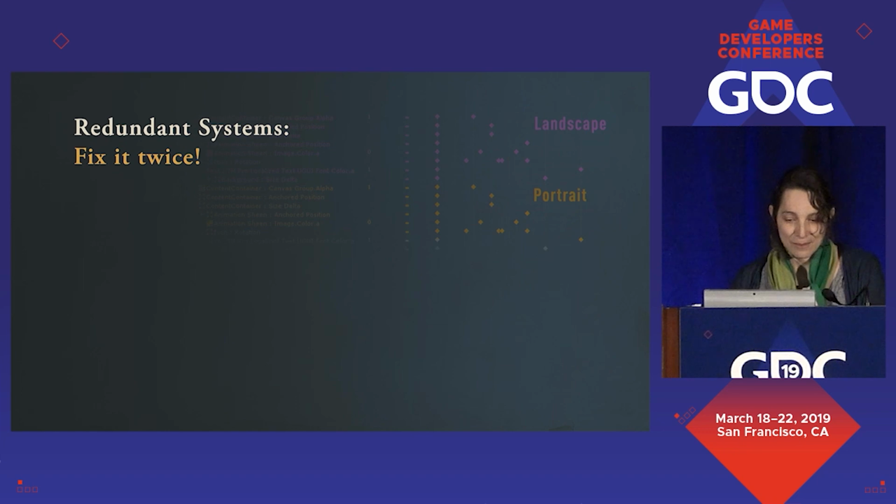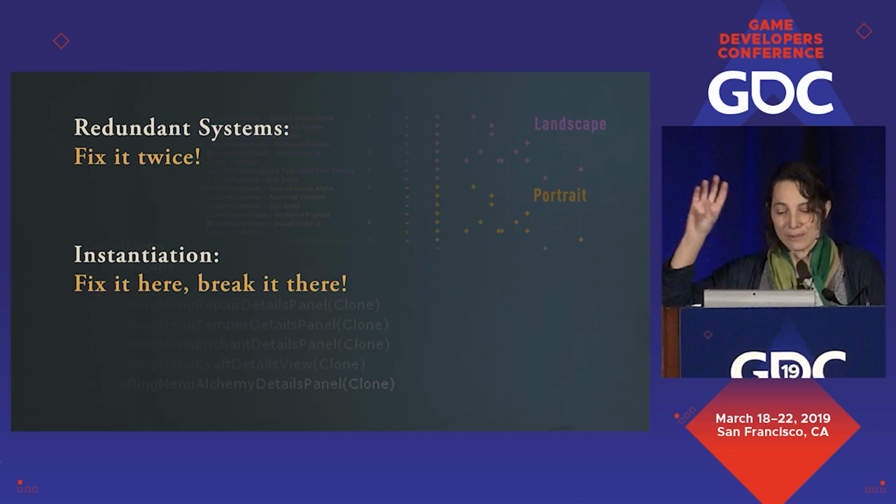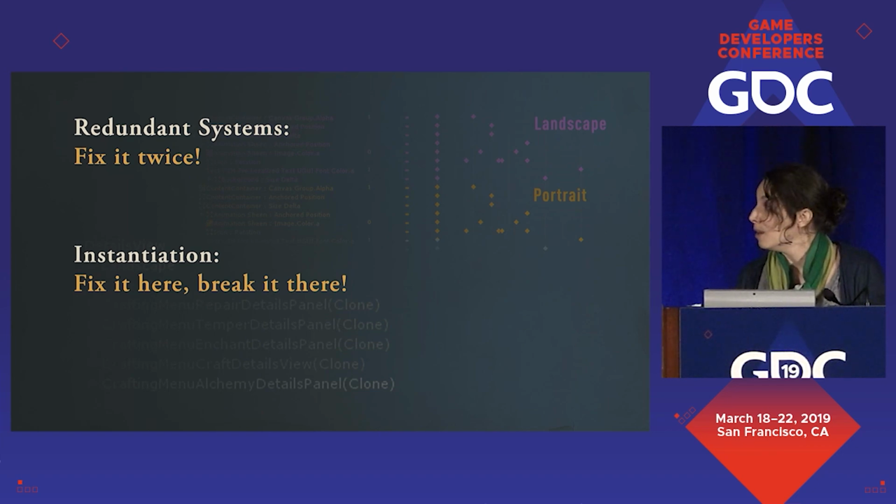That meant we needed to fix issues twice. And most of the times, they were instantiated, so the same widget would be used in both orientations, but that was delicate because it means fixing a bug in one mode might break it in the other mode.